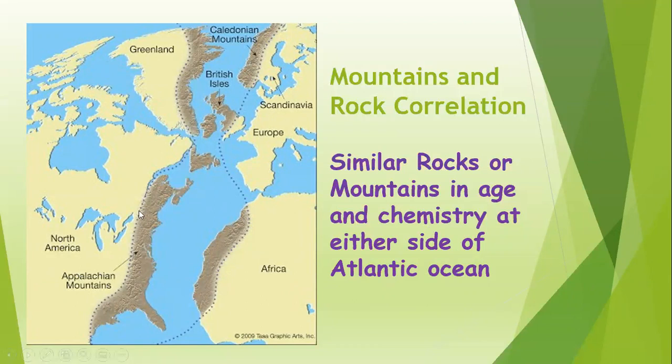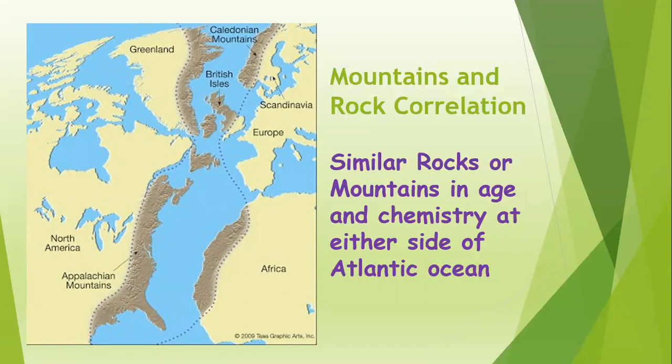It is marked in small dotted lines here. All these mountains here are made up of the same type of material. They have the same age. The chemical composition is the same. Everything is the same. It's just like half of the mountain is somewhere and half of the mountain is somewhere else.